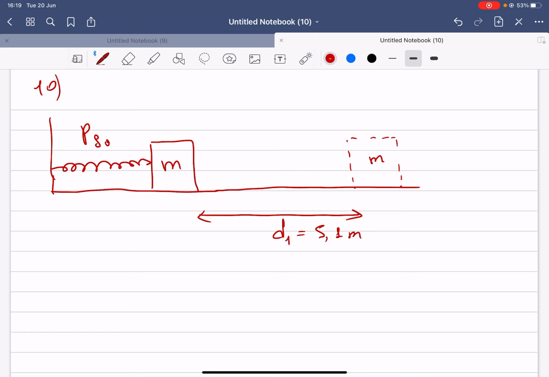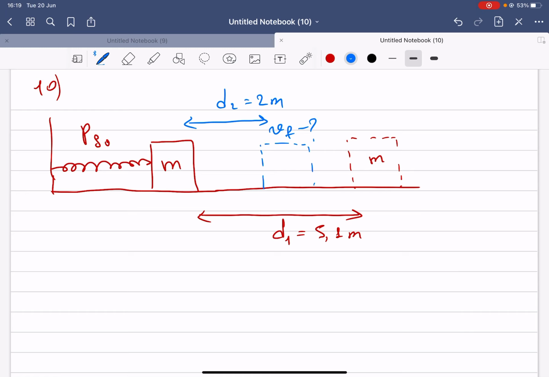We have to find the speed of the crate when it is at a distance of 2 meters. So suppose d2 is 2 meters. You have to find what the speed is here.